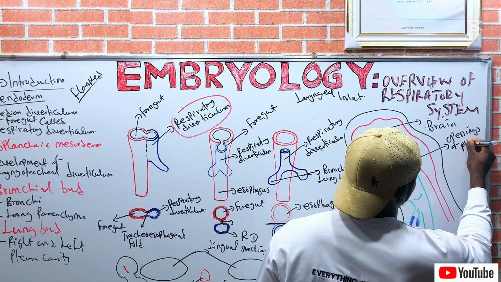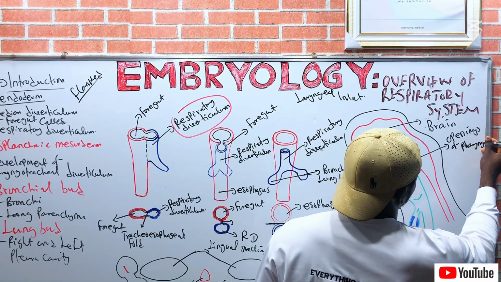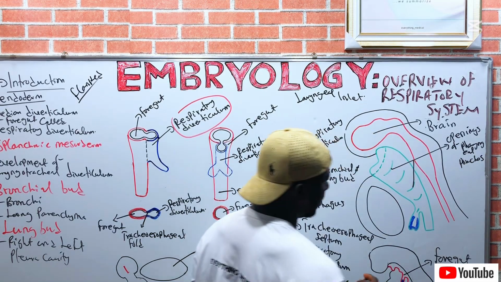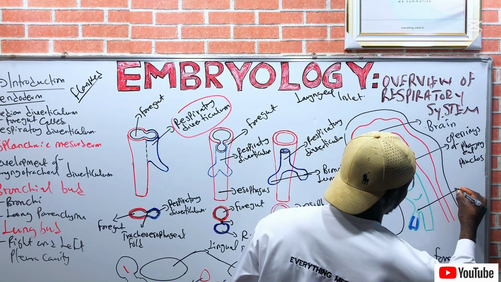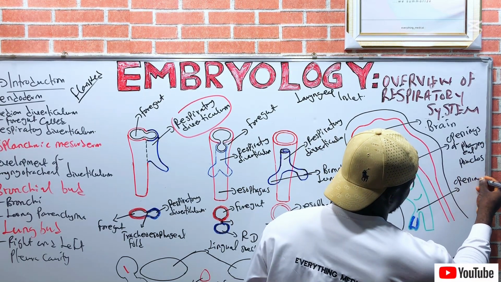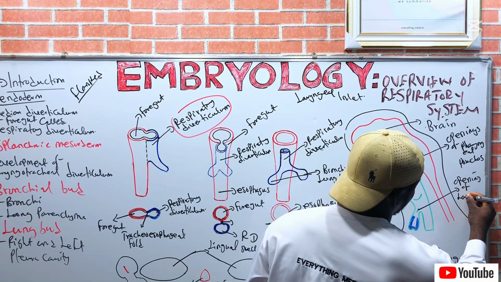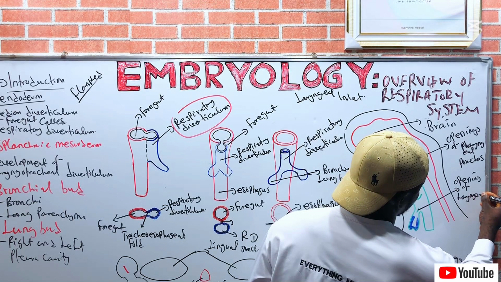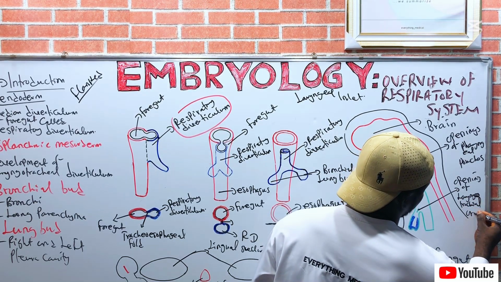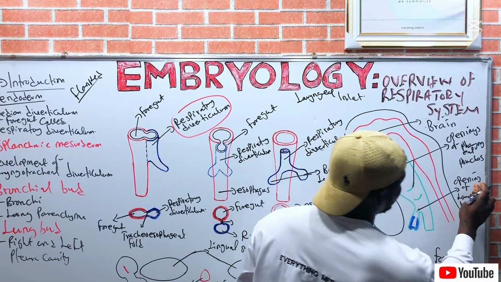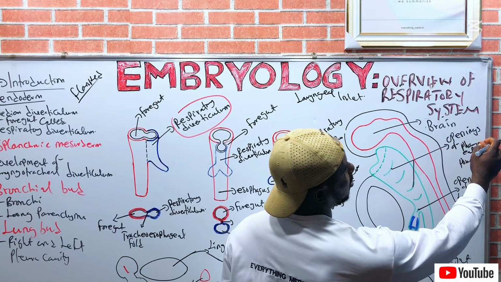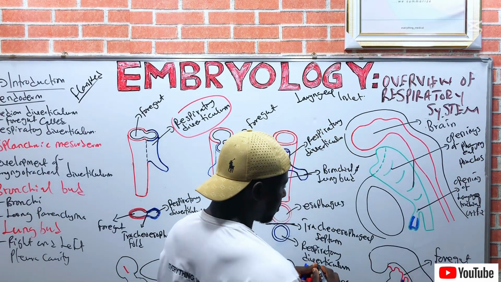Openings of pharyngeal pouches, right? This remains the opening of the laryngotracheal orifice. Opening of laryngotracheal orifice. This is openings of pharyngeal pouch, right?